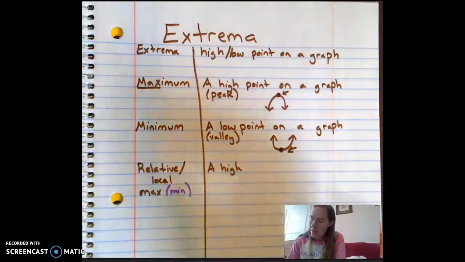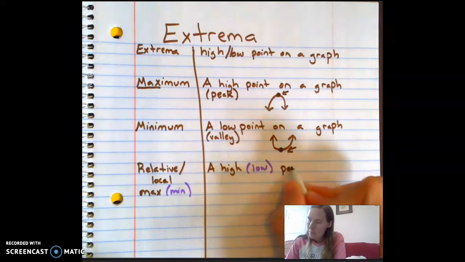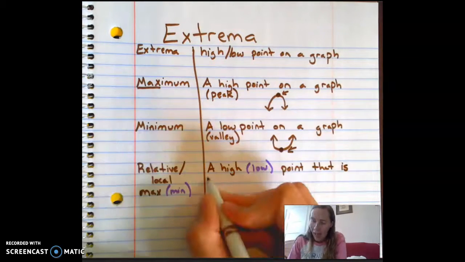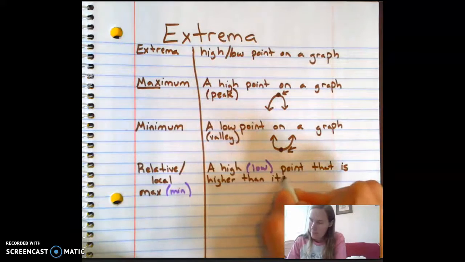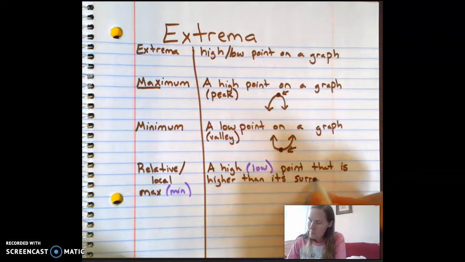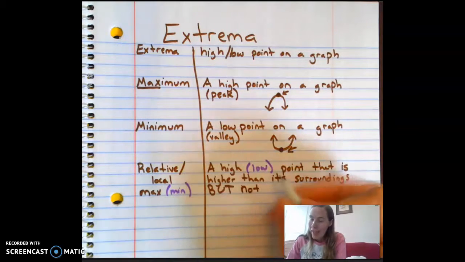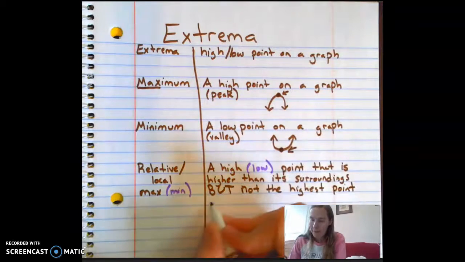If we're talking about a min, it's a low point that is higher than its surroundings, but not the highest point on the whole graph.